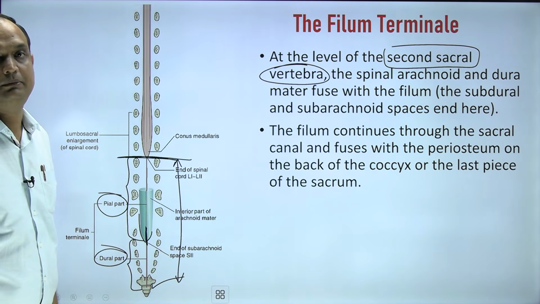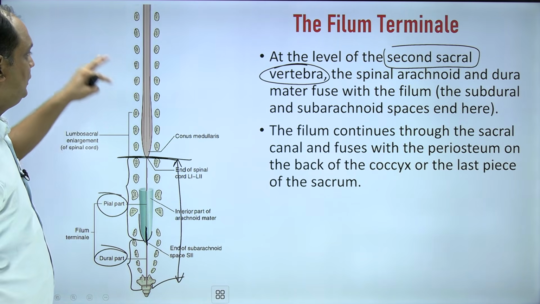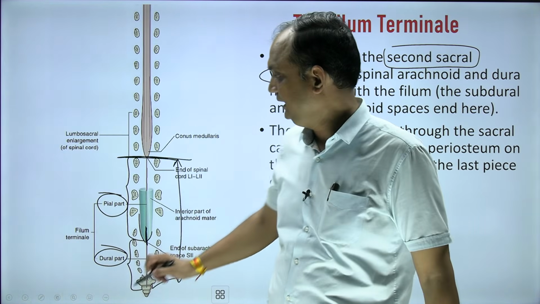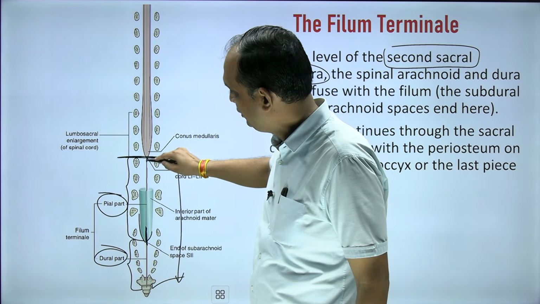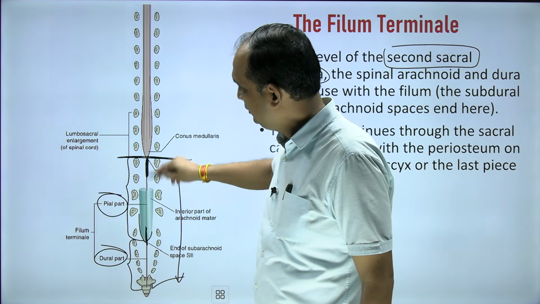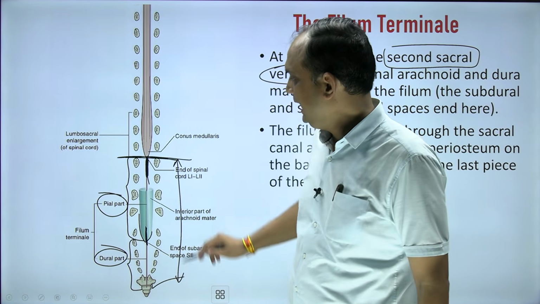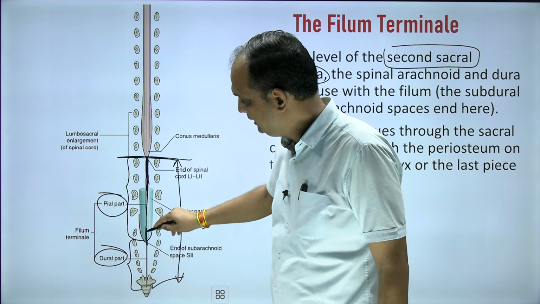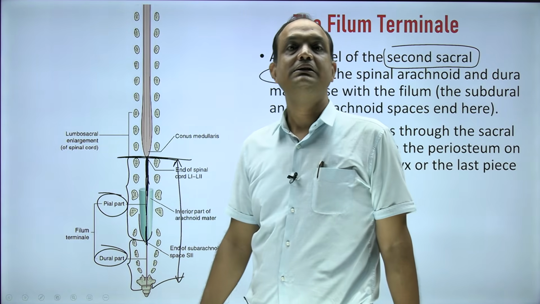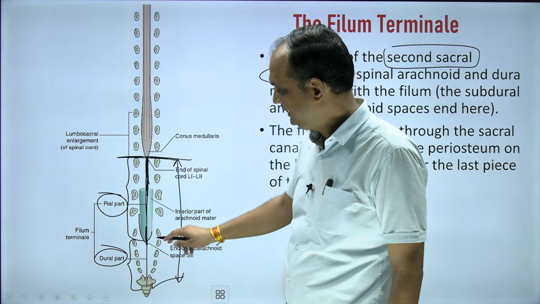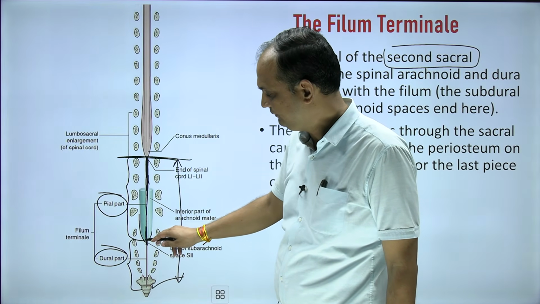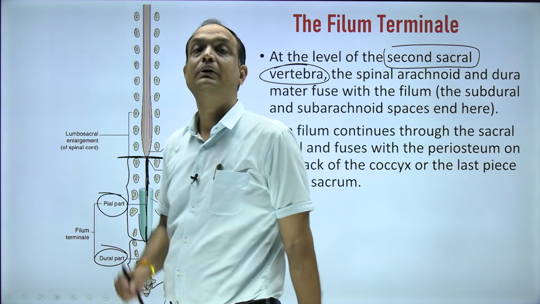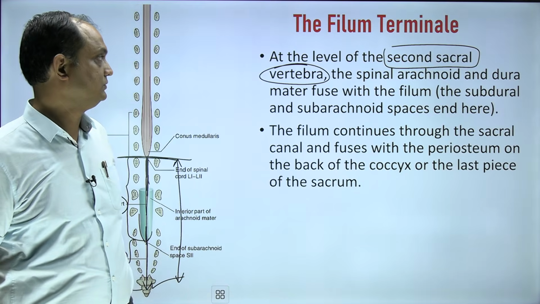Clear? So in short, the filum terminale is a lower extension of the pia mater below the level of L1. This pia mater extension is merged with the dural sac and arachnoid mater at the level of S2, but after that it continues and at the end of the coccyx merges with the periosteum.